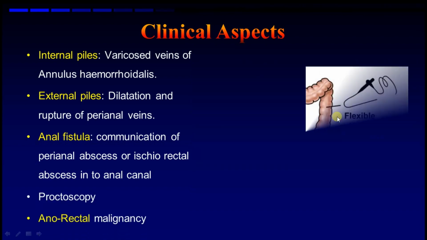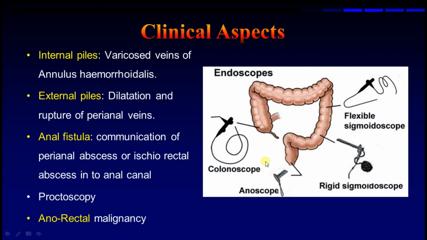Proctoscopy is an instrument which is used. Anoscopy or proctoscopy is just used to view the anal canal alone, 4 centimeters, whereas sigmoidoscopy is used to view the sigmoid colon. Okay. For this, the surgeon has to negotiate the Houston valves.